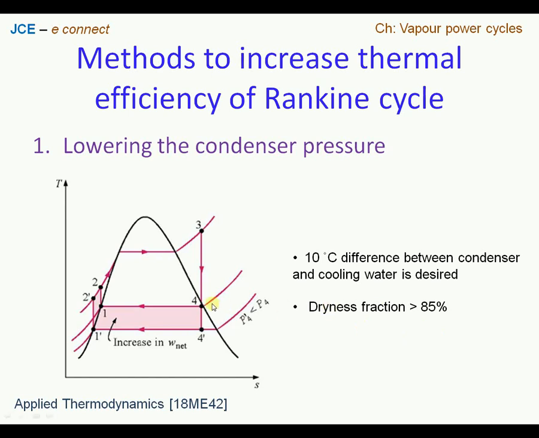So that will cause a problem in the turbine. Turbine blades are designed to handle steam but not moisture, so there may be a corrosion problem that can set up on the turbine blades. That is another issue when we decrease the pressure beyond some recommended value. So this is about lowering the condenser pressure and the effect of this on the cycle efficiency.